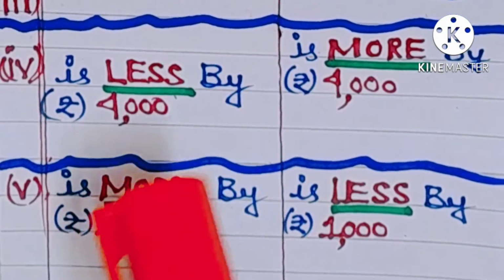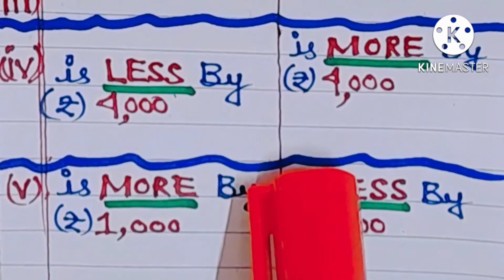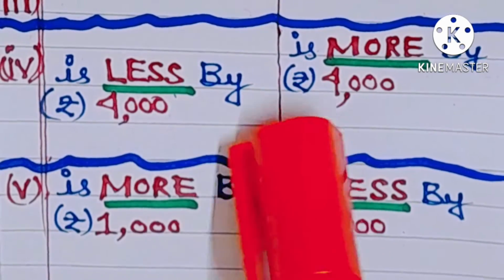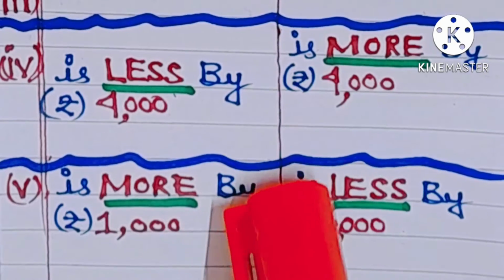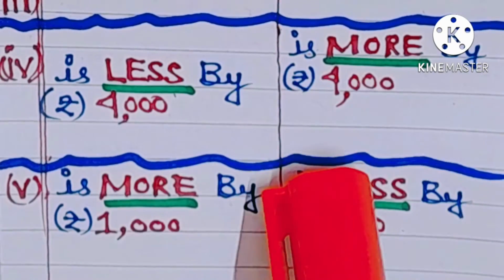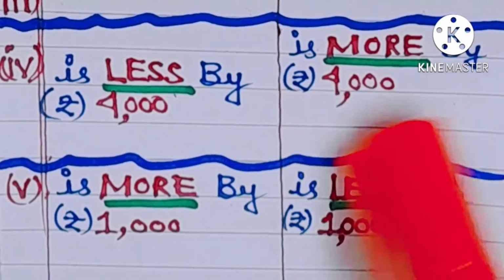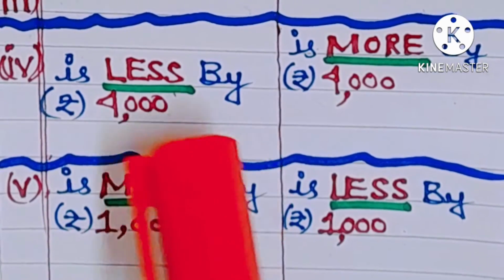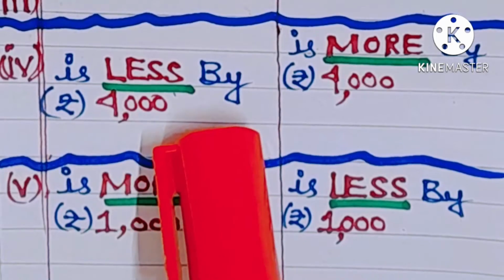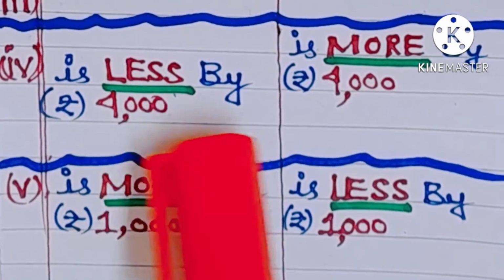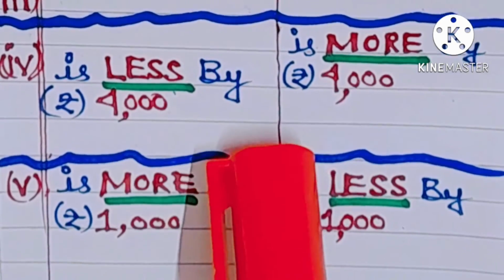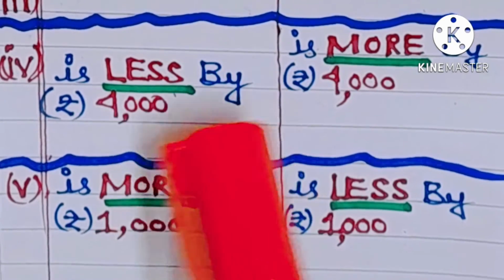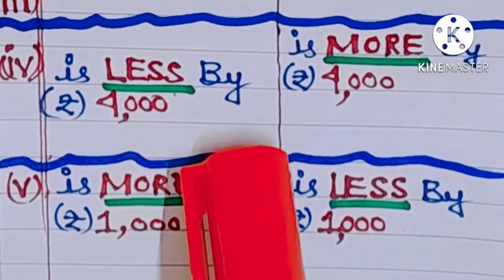Since the bank has credited 4,000 in the credit column or deposit column of the passbook, passbook balance is more by rupees 4,000. But the businessman has not recorded rupees 4,000 on the debit side or the receipt side in the bank column of the cash book because the businessman has not received the information from the bank.